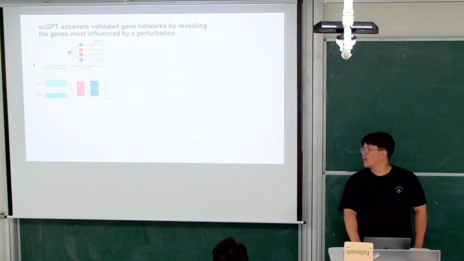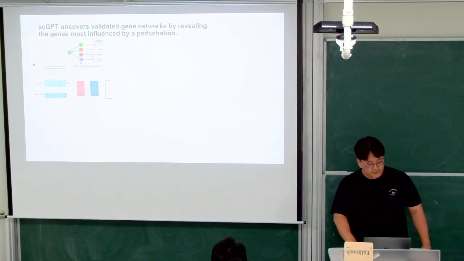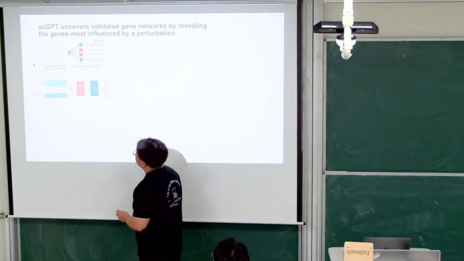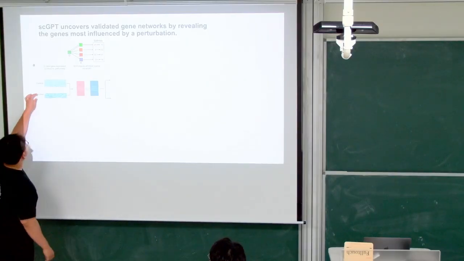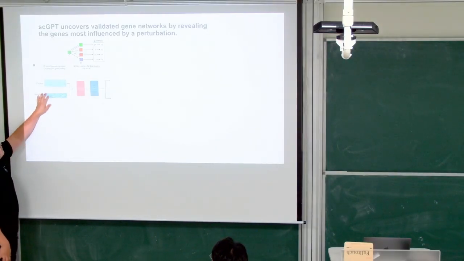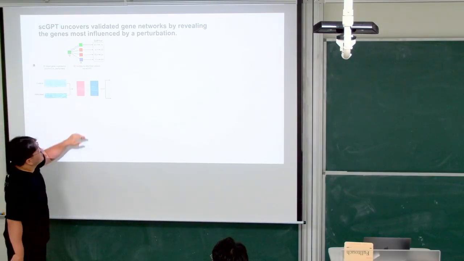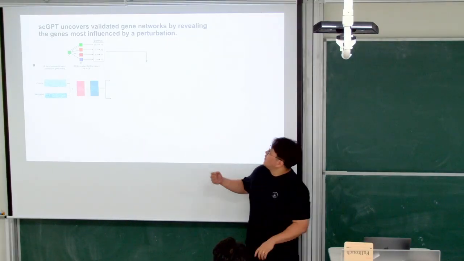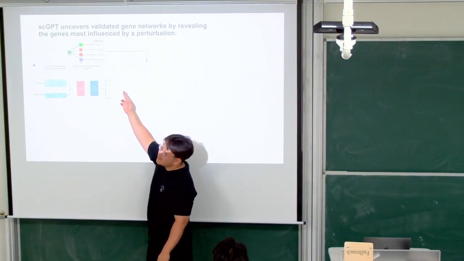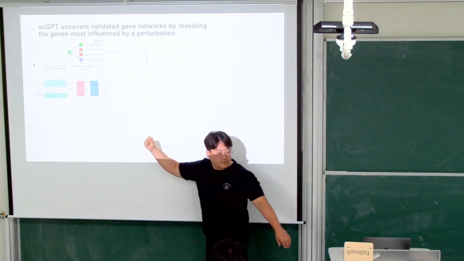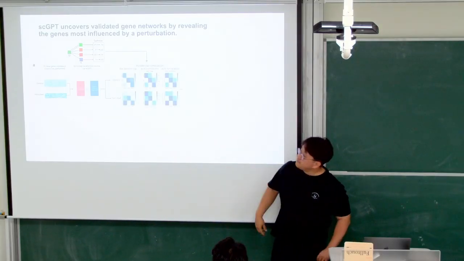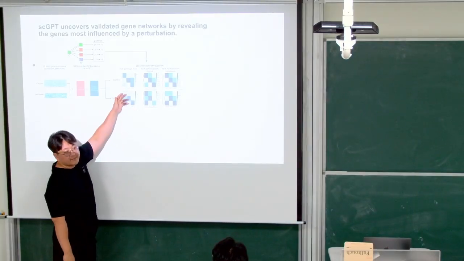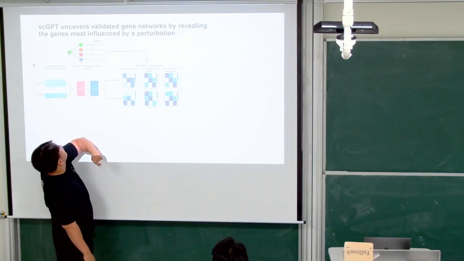Okay, I think this is the last experiment. If we put the control and perturbed data into scGPT, then we can get the attention scores, right?